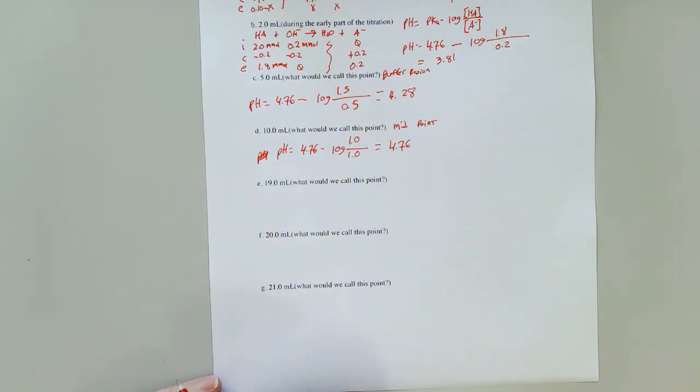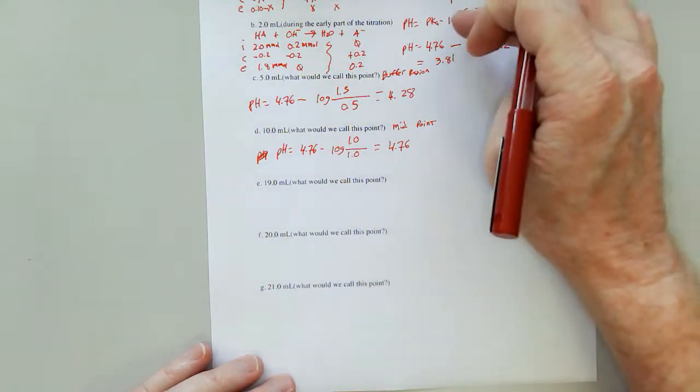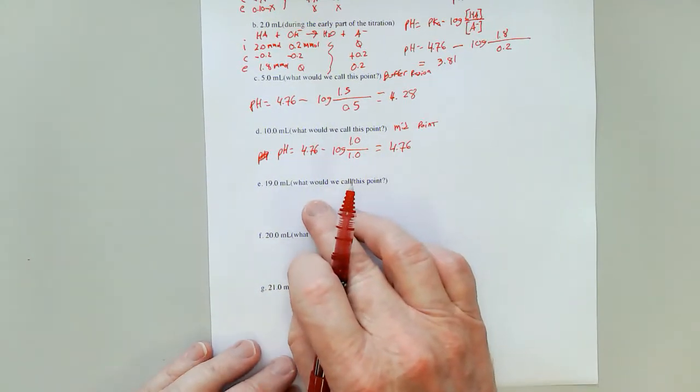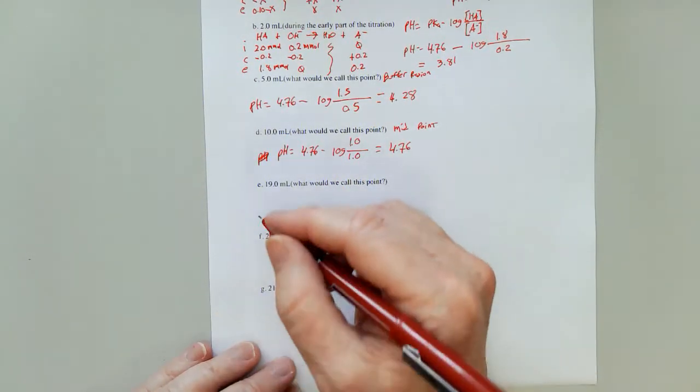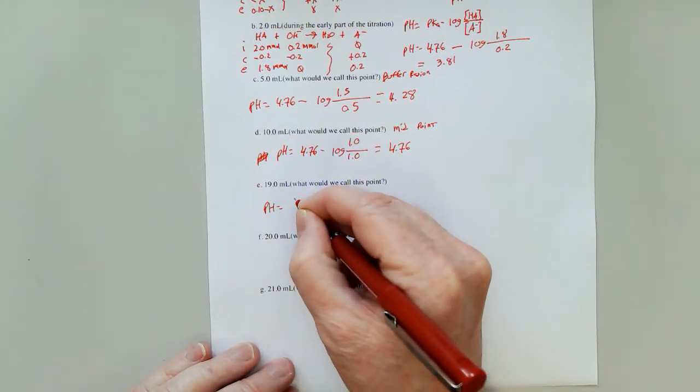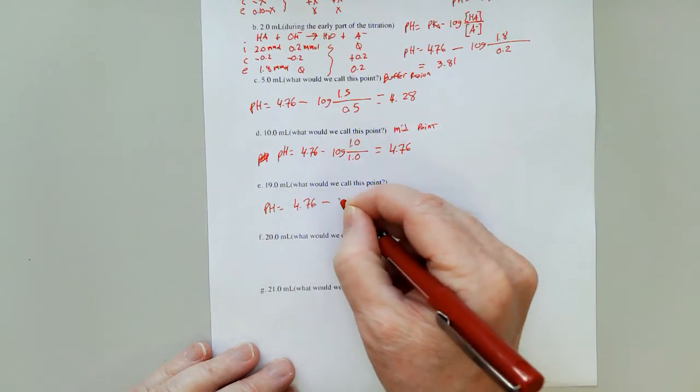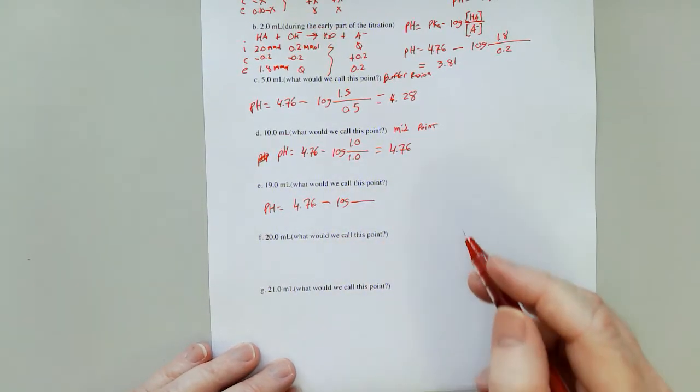All right. Now, as I'm getting very near equivalence here, you'll notice those weren't big jumps. It's going to start to be a bigger jump now because we're near the equivalence point. pH equals 4.76 minus the log. Now let's check this out.